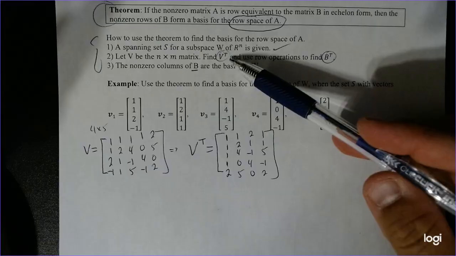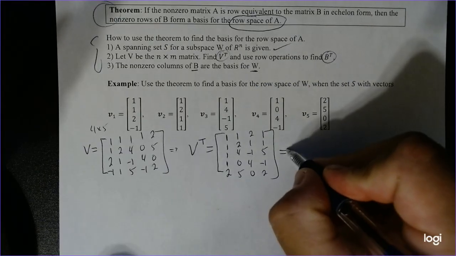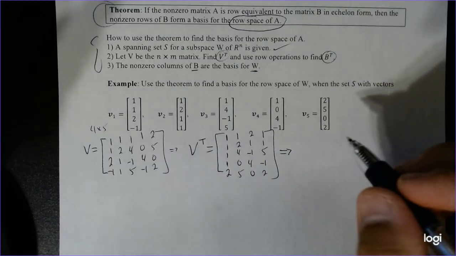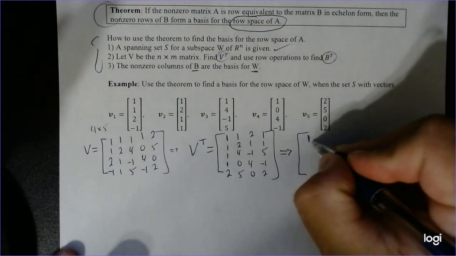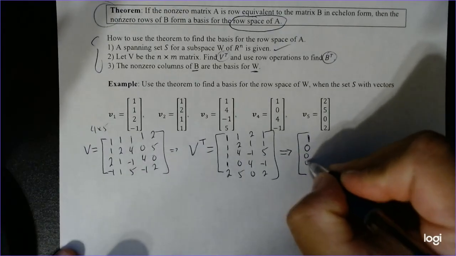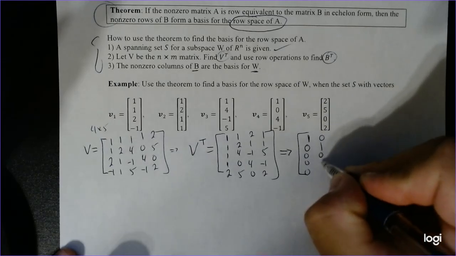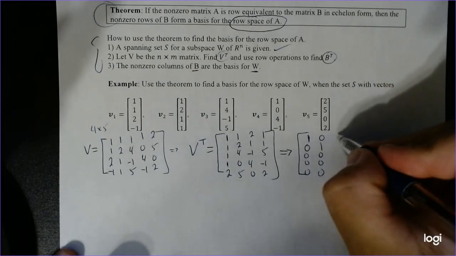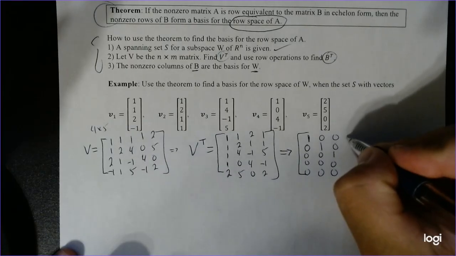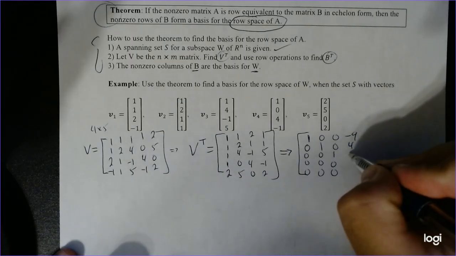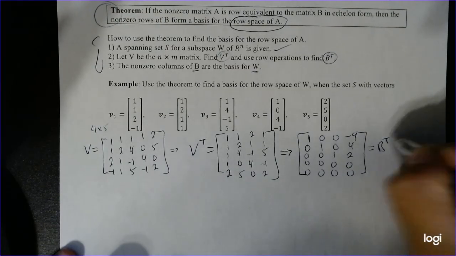Once I found V transpose, I now row reduce it to find B transpose. So row reduction here, a couple of steps breaking it down, and we eventually get this. So this equals B transpose.